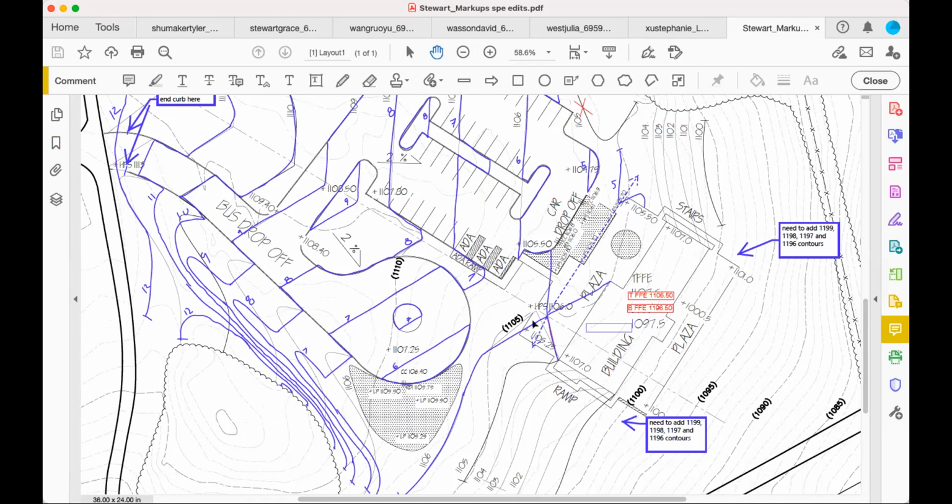So this is not 1105, this is 6. He did not swap the number. I think it's the labeling that got confused. I think I've just confused myself, because I lost that 6 contour that comes across the plaza. Around here. I think I got confused there.